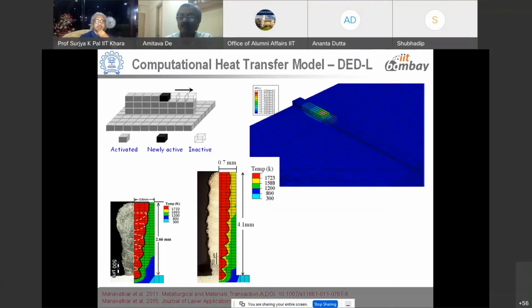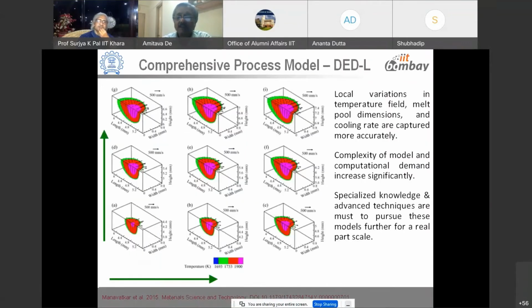So these kinds of models have been very popular for quite some time. Going further, similar models can also be developed that are more comprehensive, including also deposition and molten fluid flow, for example. And as you can see, similar models, including fluid flow, can also predict how melt pools will grow as we go from layer 1 to layer 9, for example, as it is moving up.